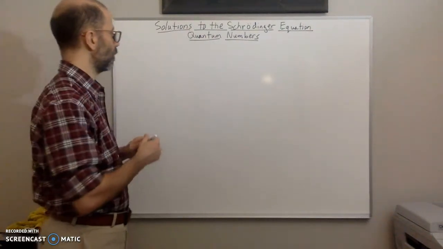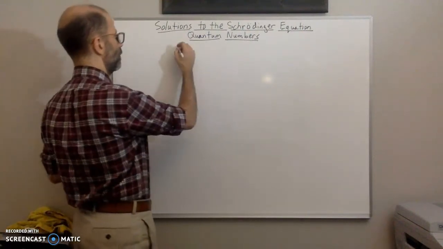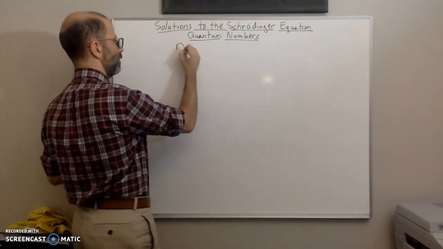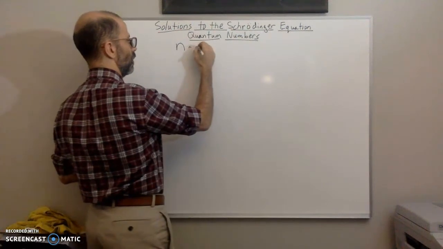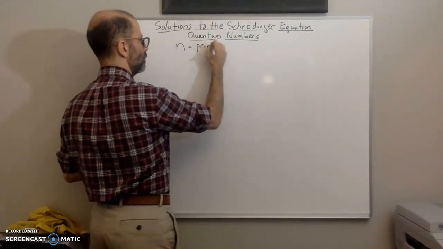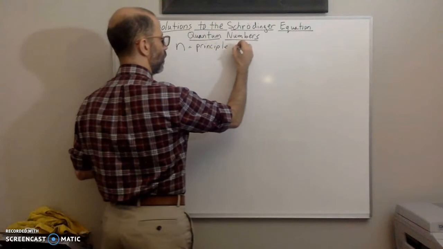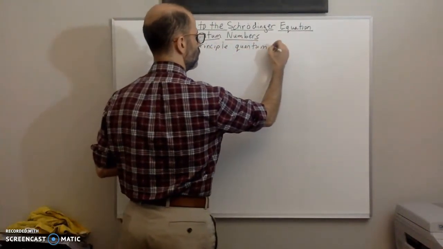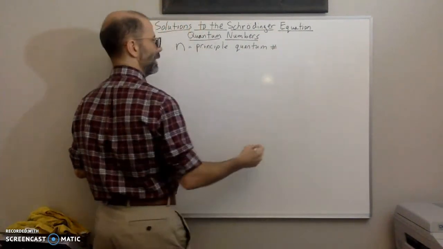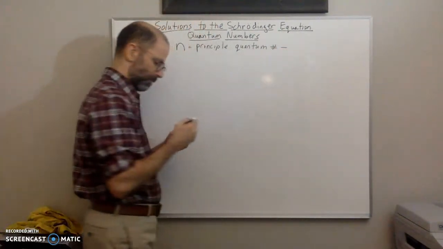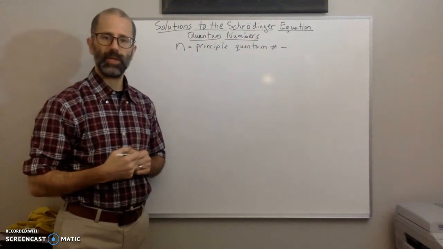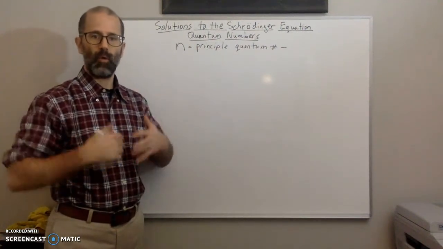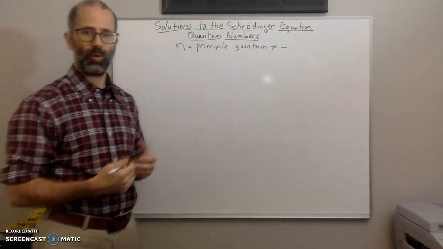The four quantum numbers are n, which is your principal quantum number. Your principal quantum number says something about the energy and overall size of the orbital.